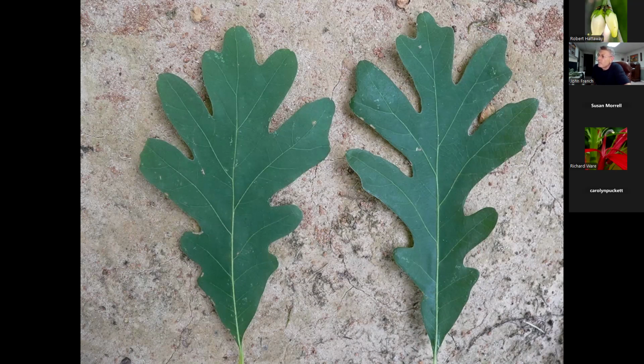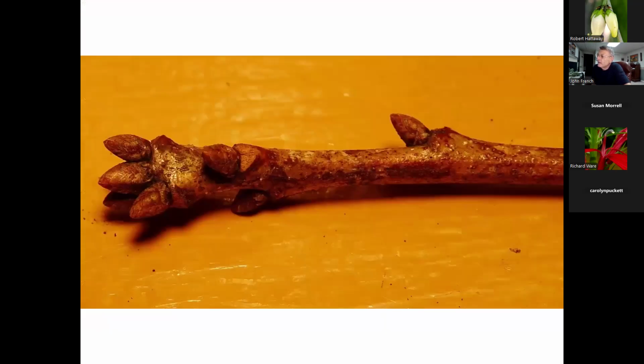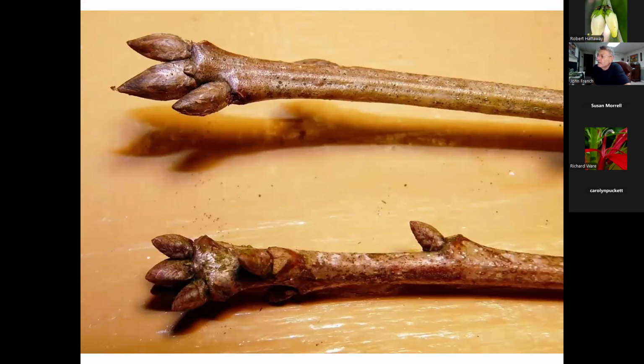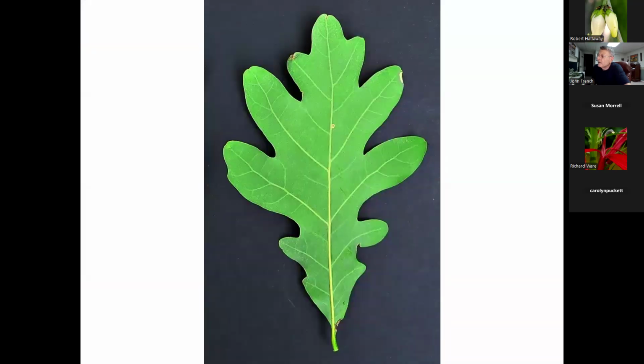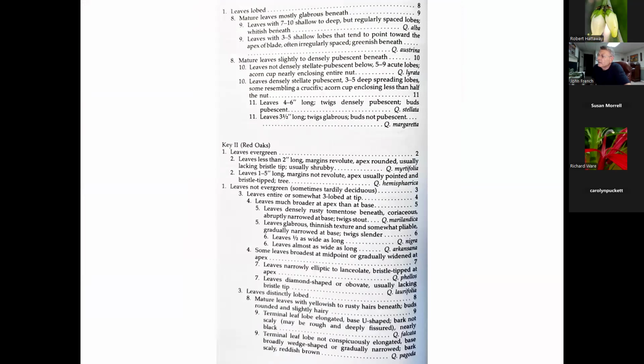So this one is pretty easy. Now the other one I was going to show a while ago, and of course we end up with a white oak, Quercus alba, probably one of the most common oak trees in North Georgia.